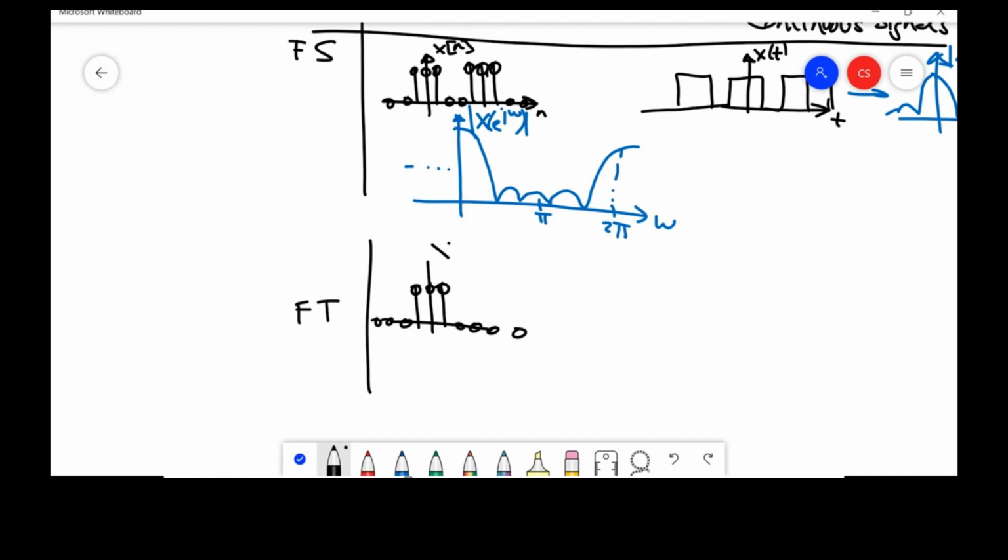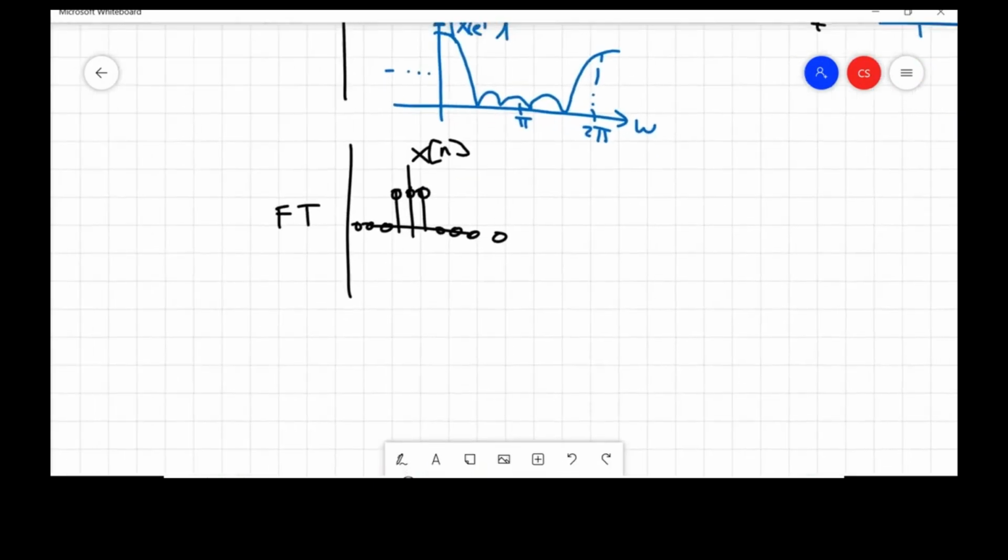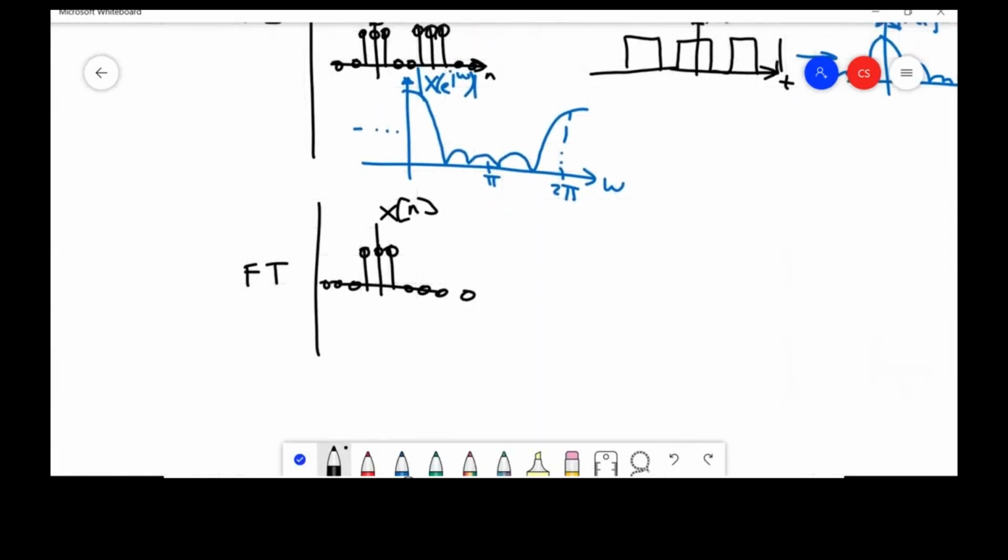So this would be x of n. And the Fourier transform looks similar again. So the Fourier transform looks like this. So this is X of j omega.